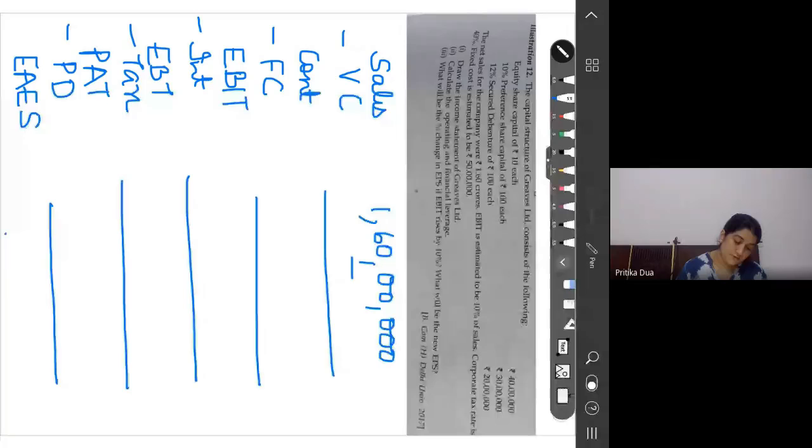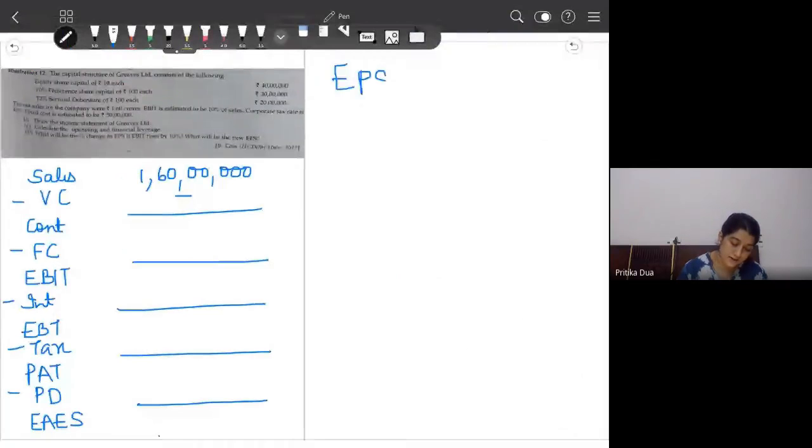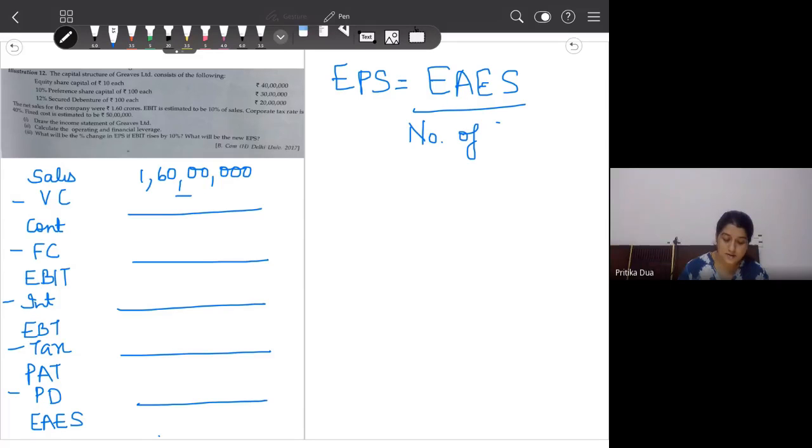And after this you get your EPS when you divide the earnings available to equity shareholders by the number of equity shares. So please try completing this statement with the information given to you.